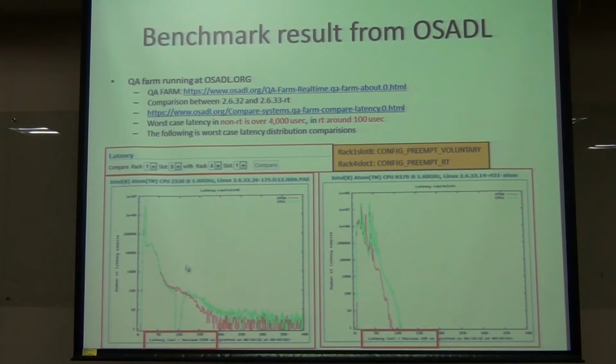The right side is from the regular kernel, and the left side is the preempt RT patch. And as you can see, the maximum latency is quite different in these two examples. If you go to this link, you'll see a lot more results, and you can also see the live results from the QA farm.